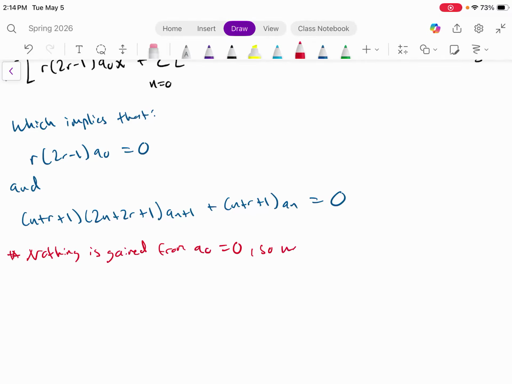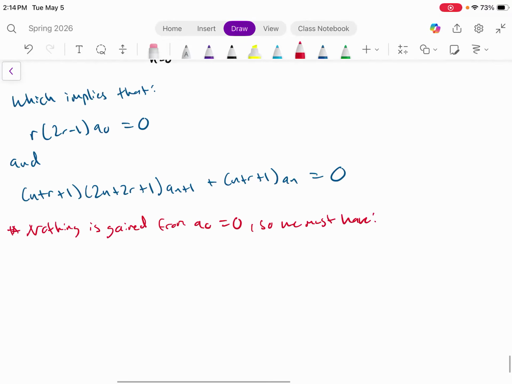So in that case, we must have that r times 2r minus 1 equals 0. So we solve for r. That means r equals 0, or 2r minus 1 equals 0. So r equals 0, and r equals 1/2.